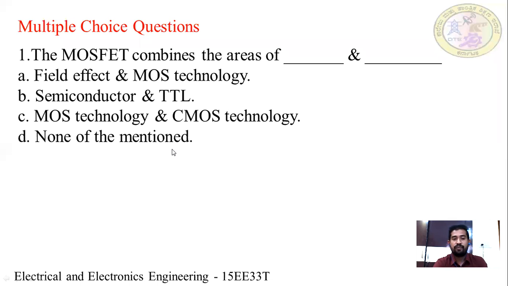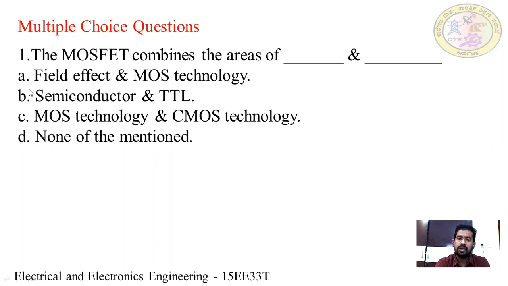Let me go for the first question. The MOSFET combines the areas of dash and dash. I'm again repeating the question. The MOSFET combines the areas of dash and dash.